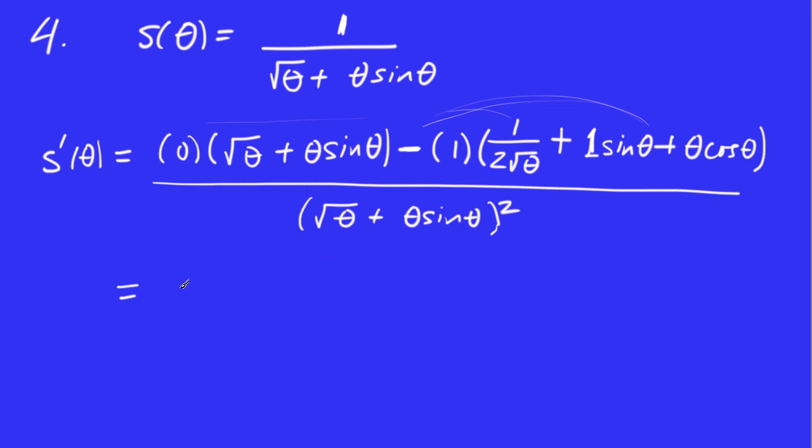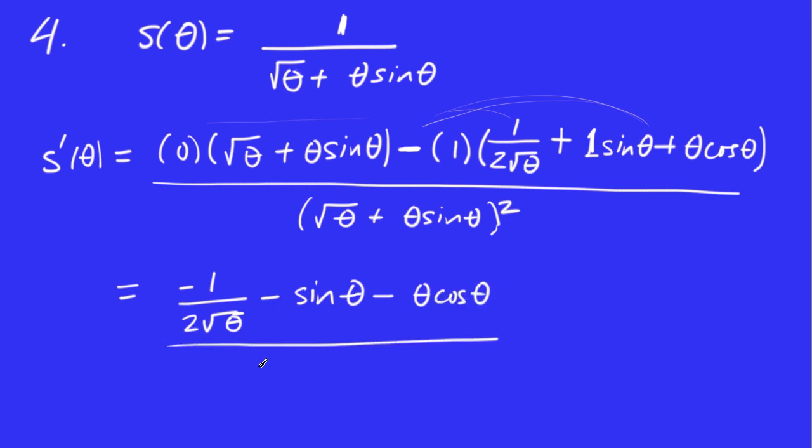We get minus 1 over 2 root theta, and then minus sine theta, minus theta cos theta. And that's all over the square of the bottom there. And that's good enough for simplifying.